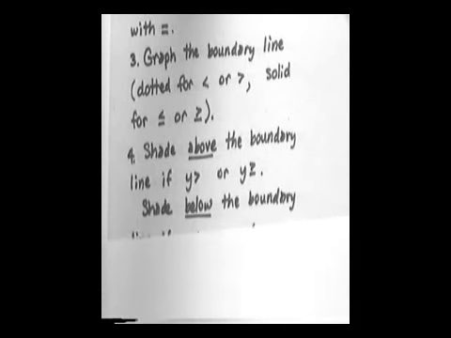Then, of course, shade below the boundary line if y is less than or y is less than or equal to. Shade above the boundary for greater than, shade below the boundary for less than.